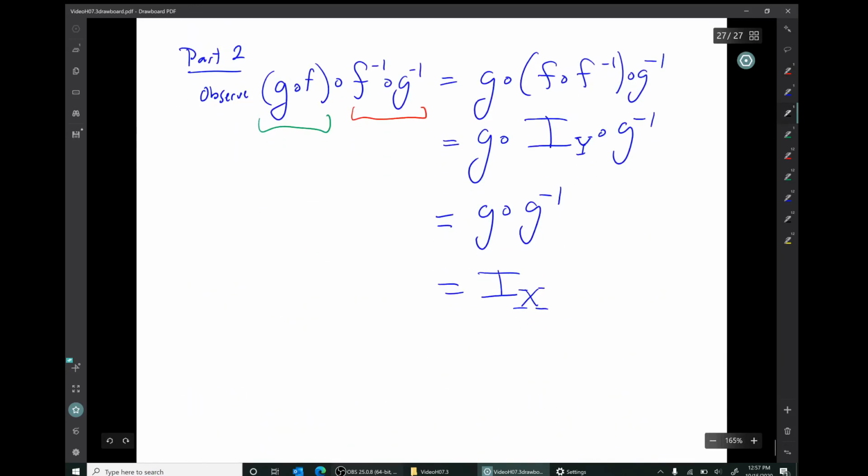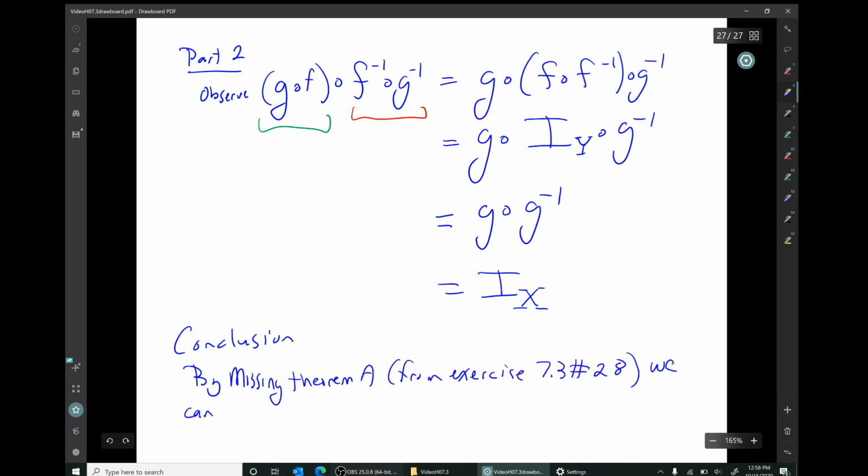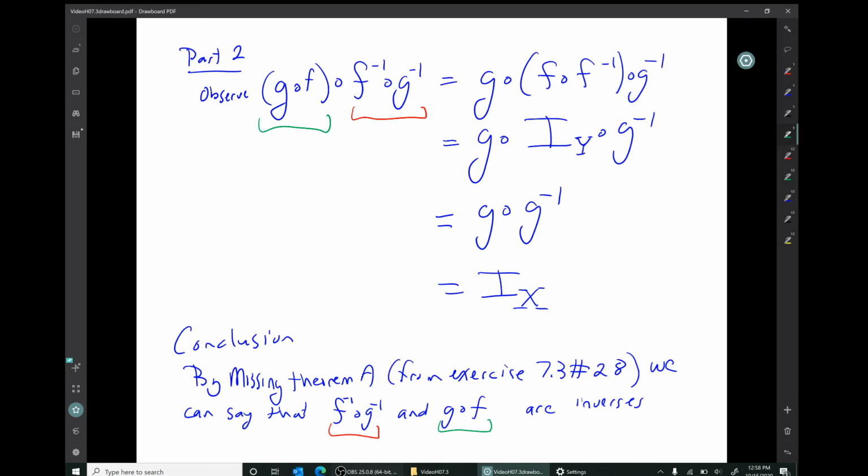So that missing theorem tells us that those two things must be the inverses of each other. So our conclusion is, by that missing theorem, we can say that that red thing, F inverse composed with G inverse, and that green thing, G composed with F, must be inverses.